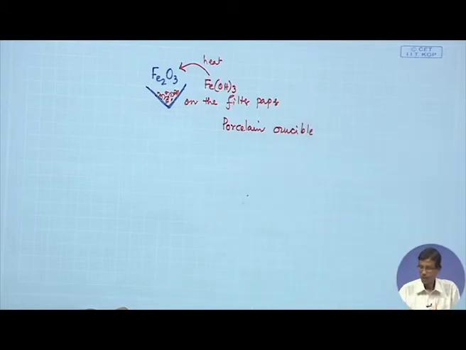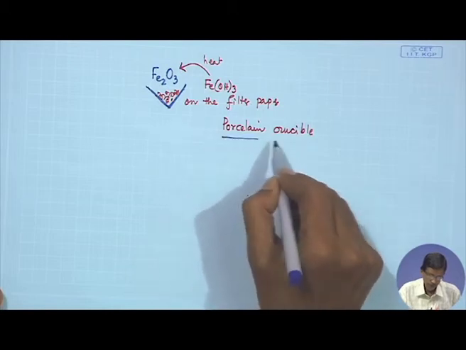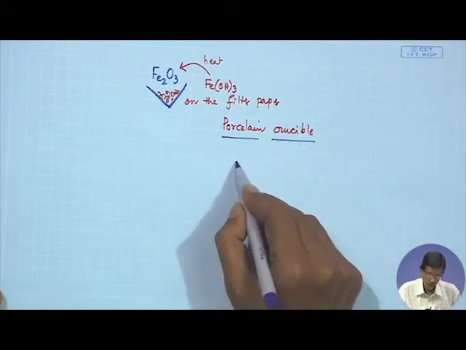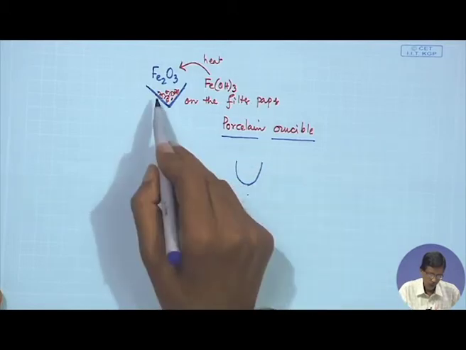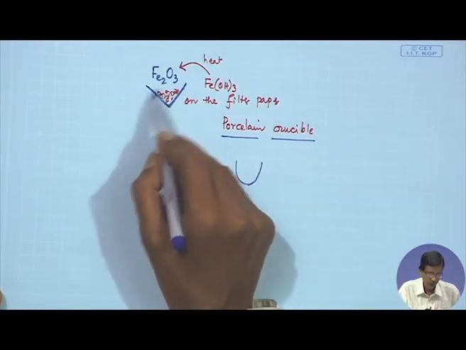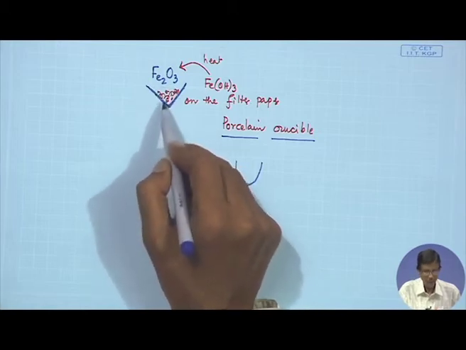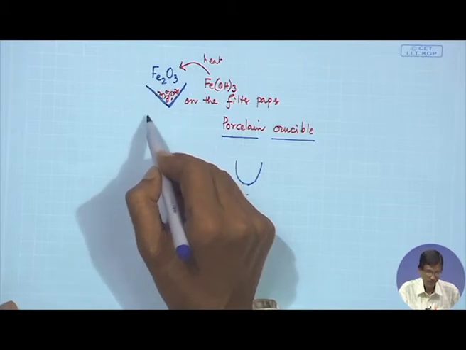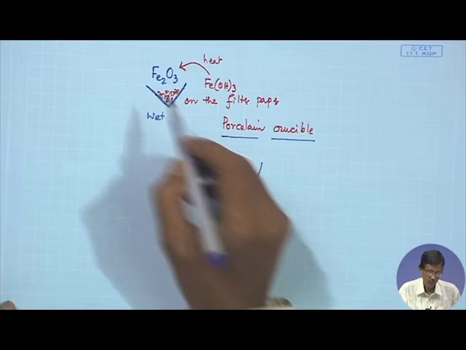Now think for a while about what is there within the porcelain crucible. If this is your crucible, you have this filter paper, which is wet, as water is also there, along with your ferric hydroxide.